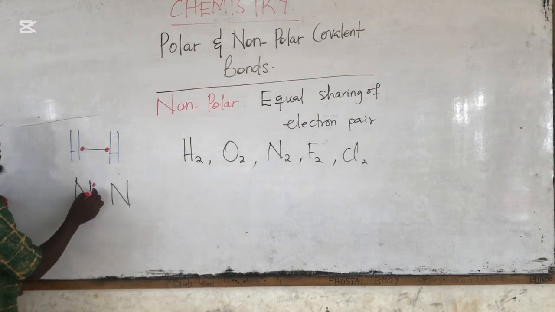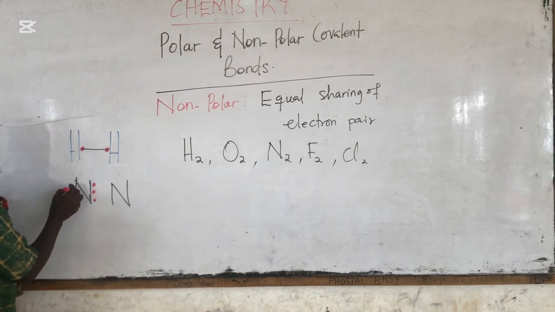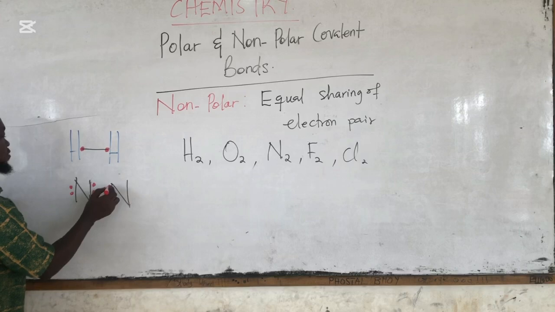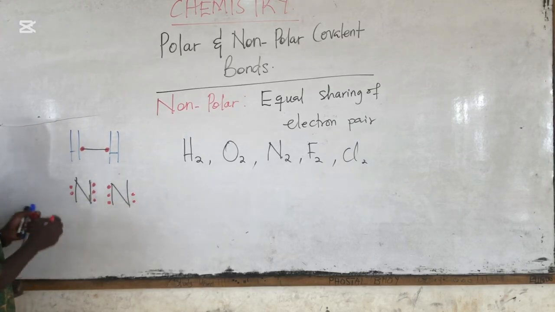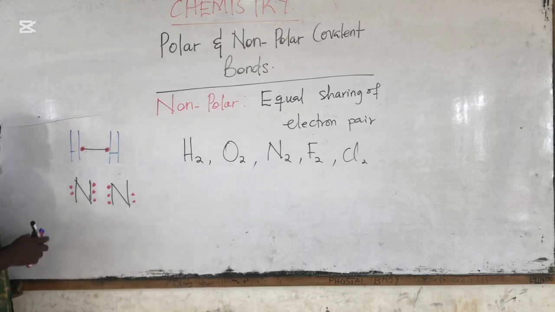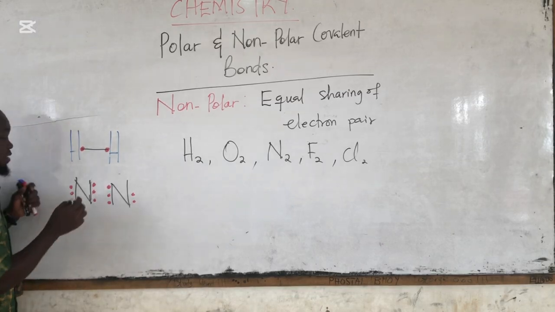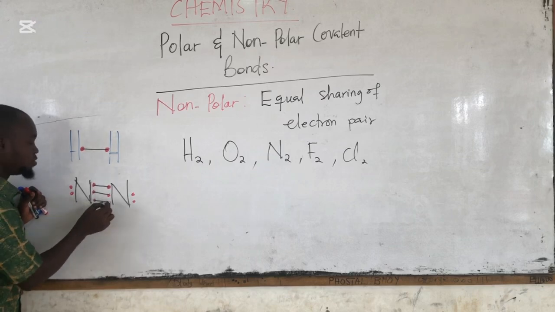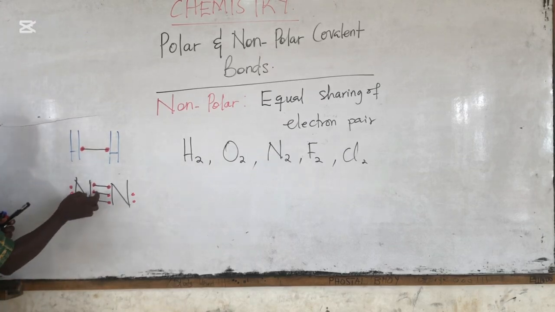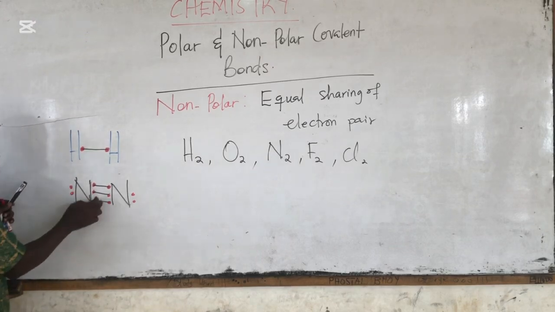So let's indicate that with the dots. So there's going to be donation and then electron sharing to help nitrogen attain stability. So there will be donation, electron sharing, and donation, electron sharing. So that 2, 4, 6, 8. This is stable. 2, 4, 6, 8.